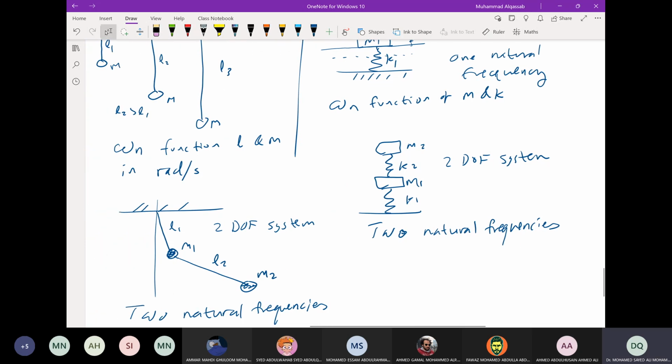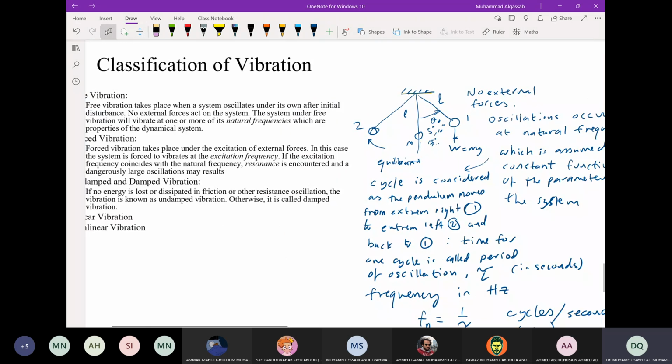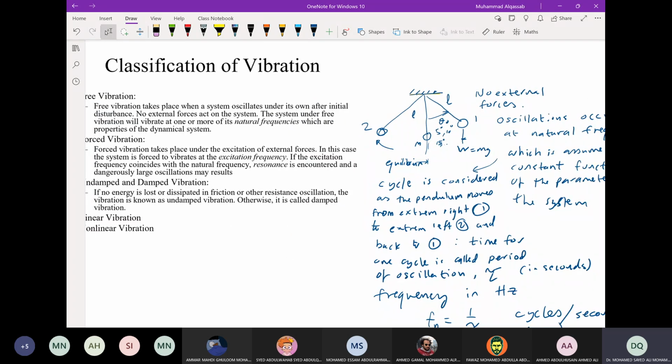Okay, the bigger the number of degrees of freedom, the more complicated it is to study, and we'll have more natural frequencies. Most of what we will do is about single degree of freedom, except in chapter 5, which is the last chapter. We will do more than 1 degree of freedom.